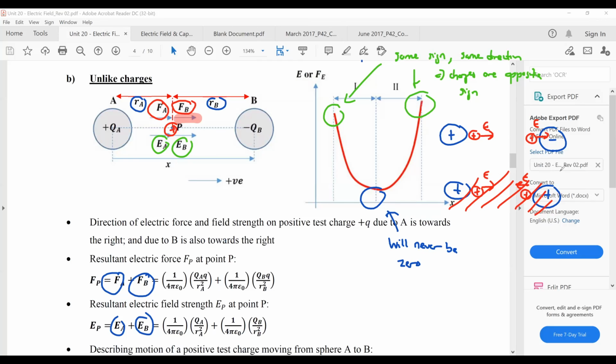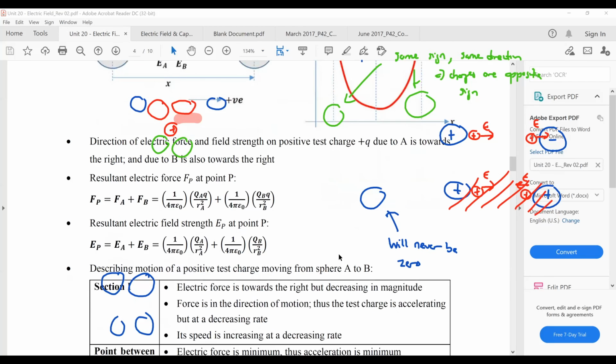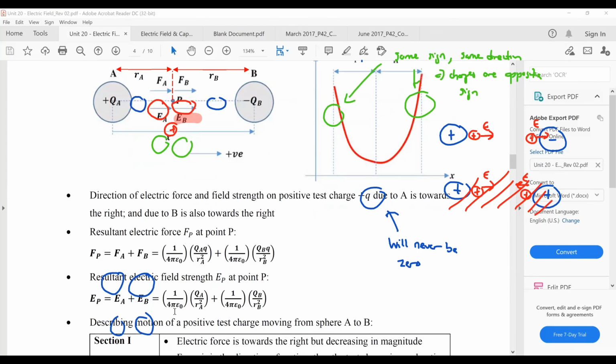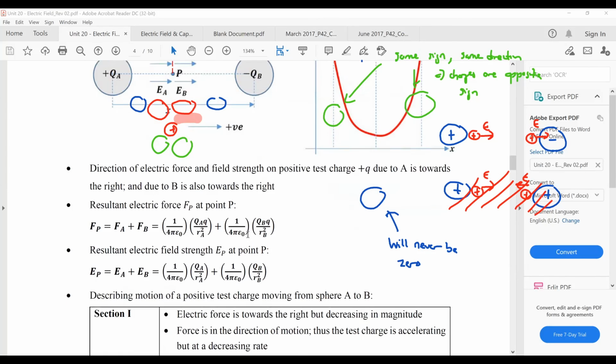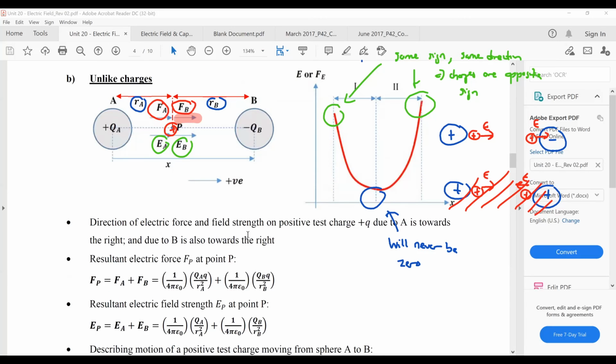And then here, sometimes you could also talk about the speed. If we ask you to explain a little about the variation of the speed of a test charge that moves from one end to another end, from sphere A to sphere B, how will it look? Well, we'll just tell you this one.